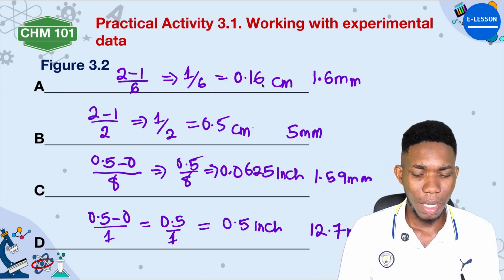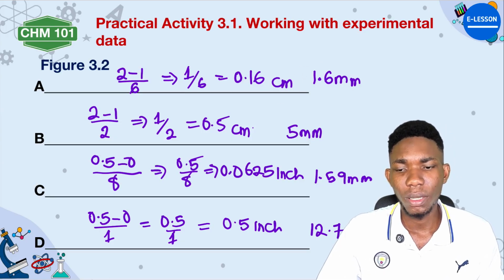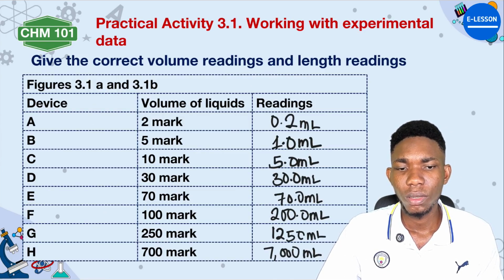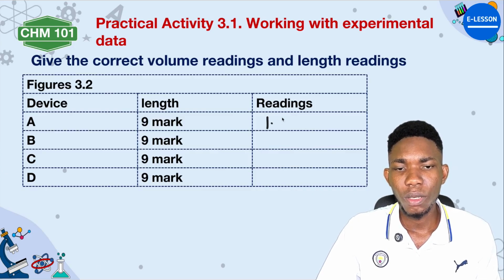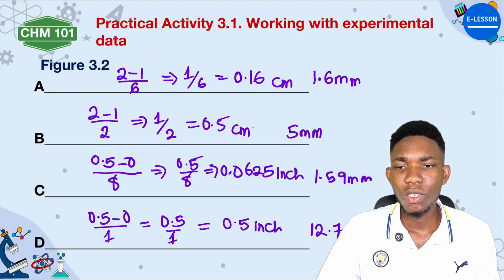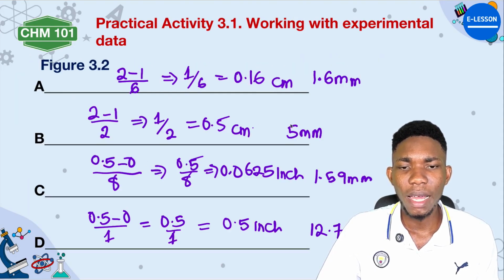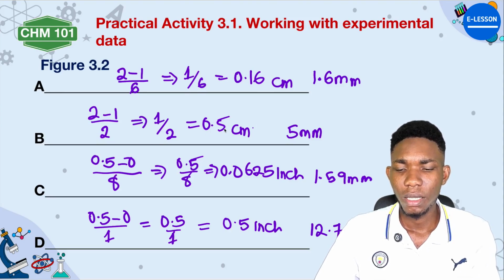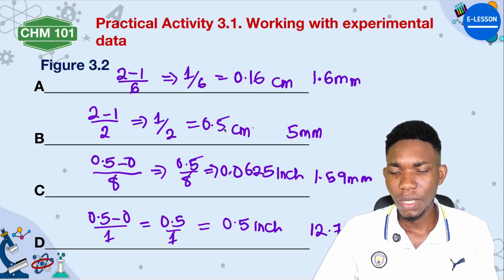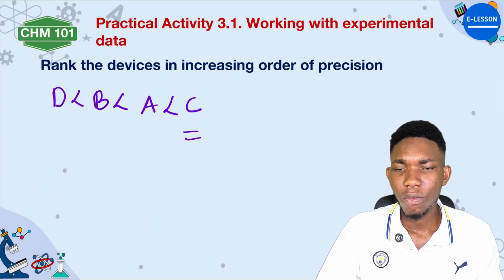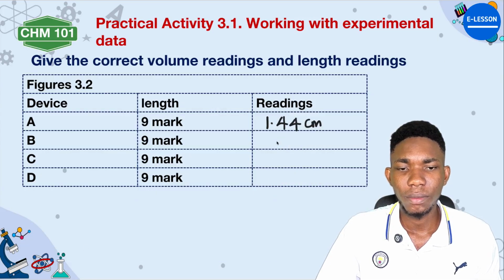So at the 9 marks, it's going to be 0.16 times 9, which is 1.44 centimeter. Then for B, the lowest subdivision is 0.5 centimeter. So it's going to be 0.5 times 9, which is 4.5 centimeter.